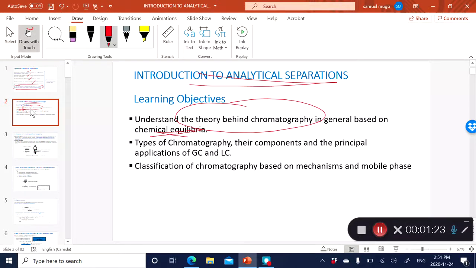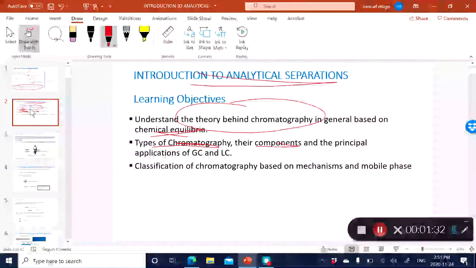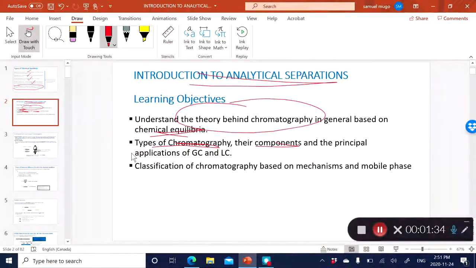Also, hopefully, you're going to learn about the different types of chromatography, their components, and of course, their principal applications as well. And hopefully, you're also going to learn how to classify analytical separations based on mechanisms, but also based on the components, particularly the mobile phase that is involved.